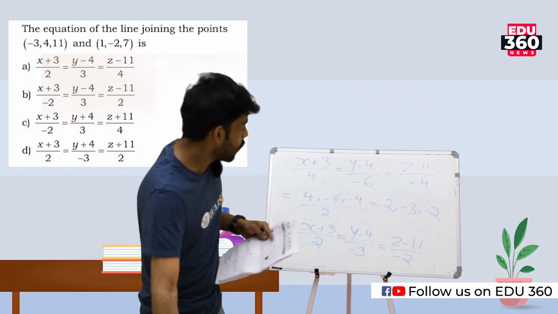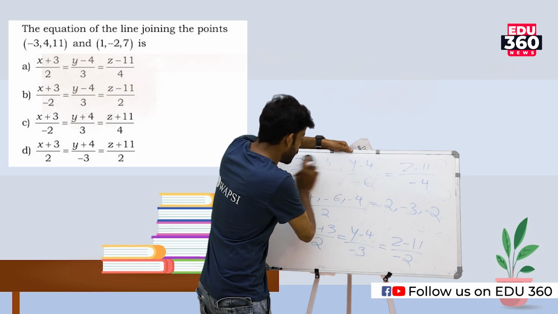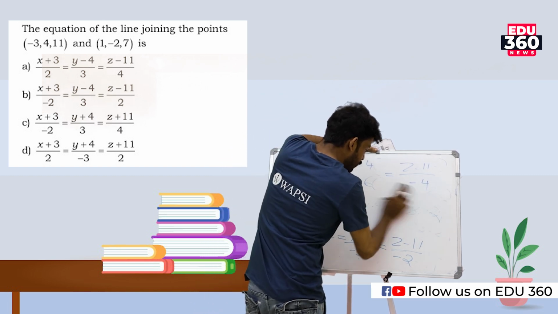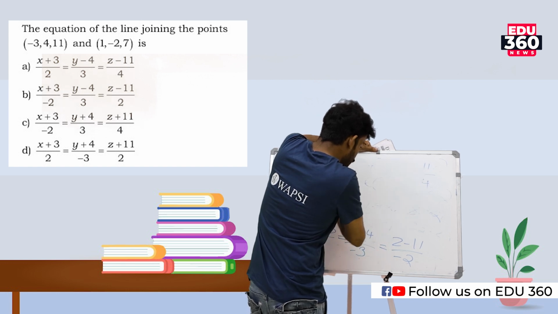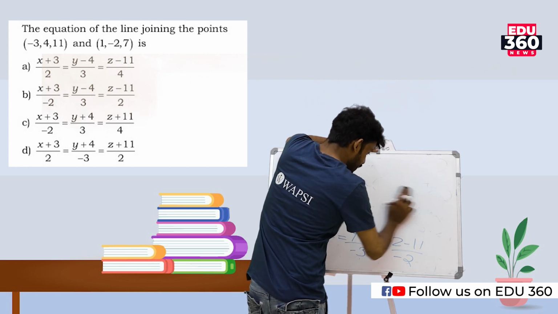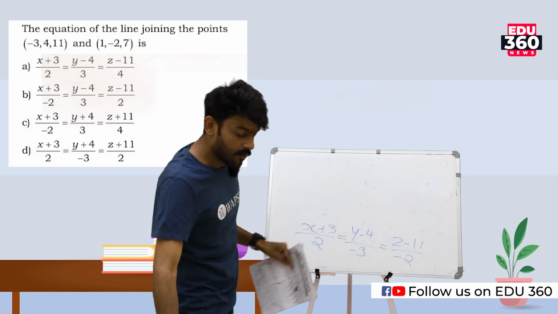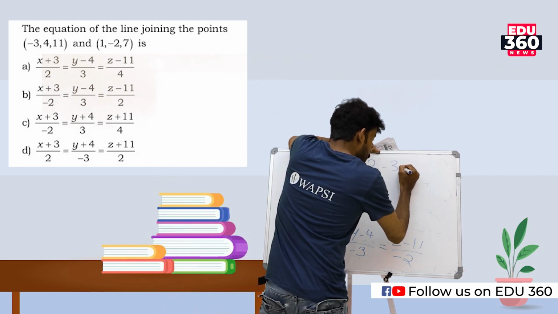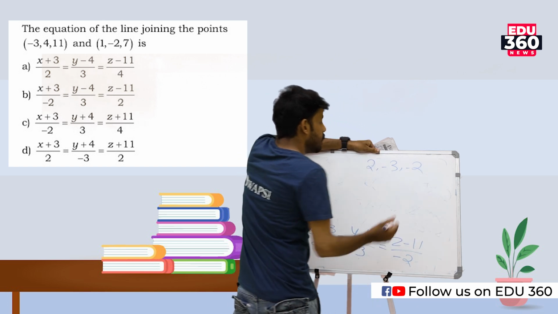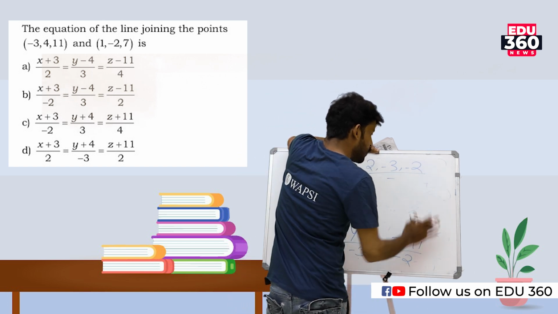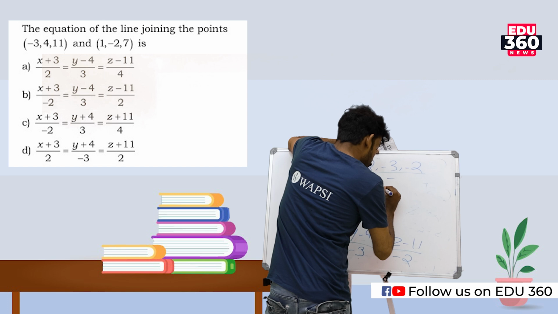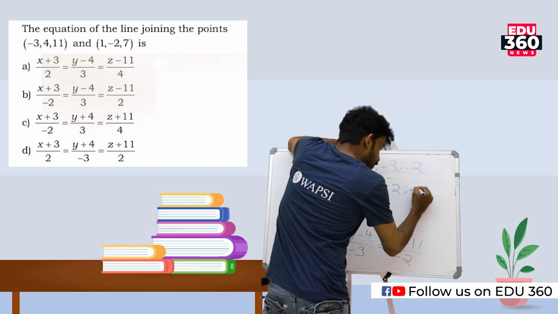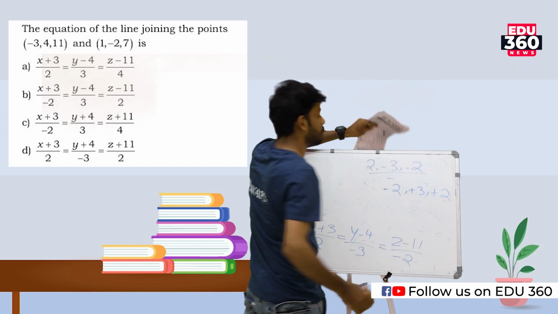So what will be the next step? On the next step, we can divide the denominator terms. The denominator terms are 2, -3, -2. I am going to divide them by a negative sign, so it will become -2, plus 3 and plus 2.